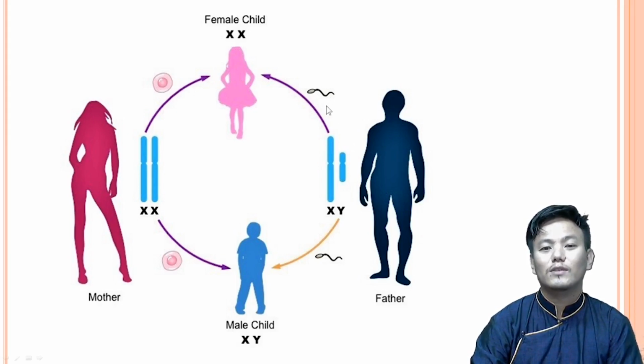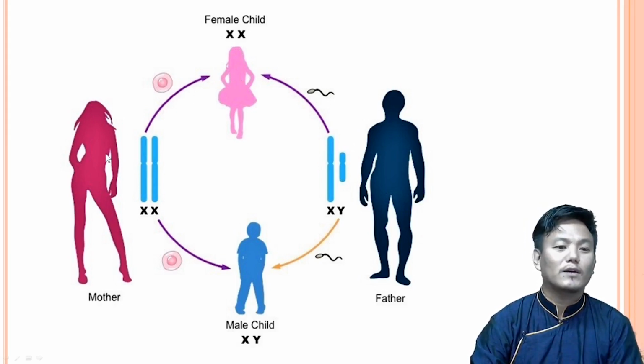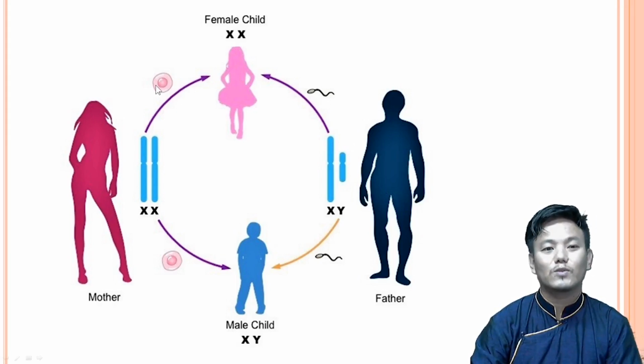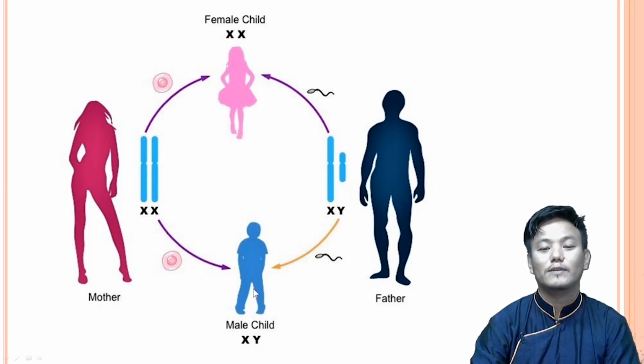Because the sperm is carrying the X chromosome, the egg is obviously carrying the X chromosome, and the resulting chromosomal combination is XX, so the child will be female. If this particular sperm, which is carrying the Y chromosome, fertilizes the egg, the resulting child will be a male child. Why? Because the mother will give the X chromosome over here and the father is giving the Y chromosome, so XY is a male child.